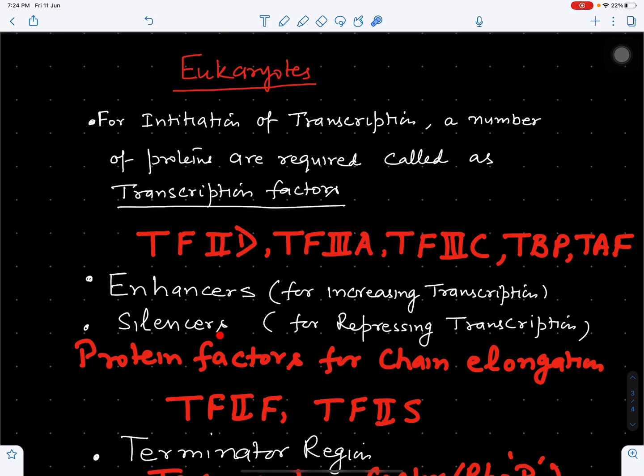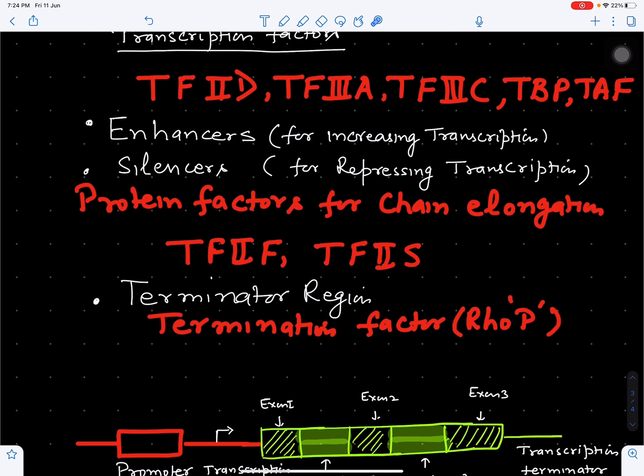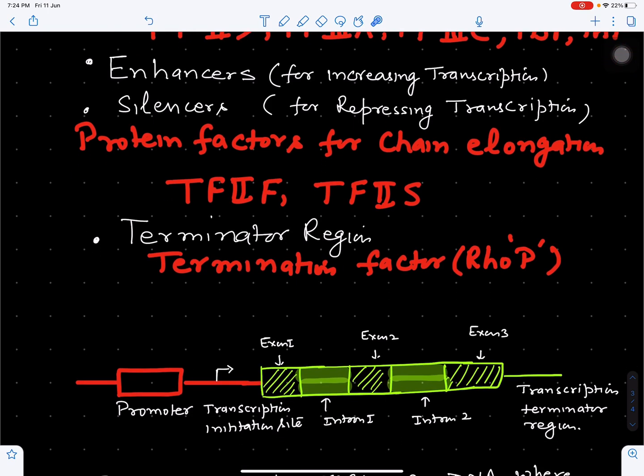Some are called silencers, which repress or reduce the rate of transcription. Some protein factors are required for chain elongation, TF2F, TF2S. When RNA transcription has to be stopped, the terminator region is required. The termination factor is Rho, which helps in termination of RNA formation.